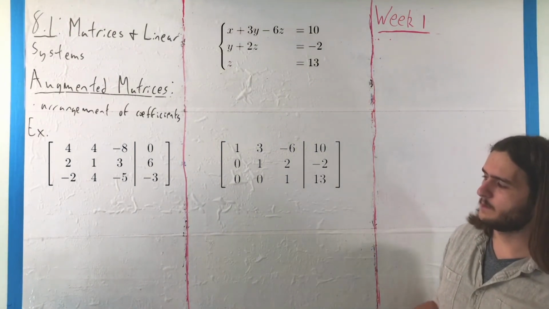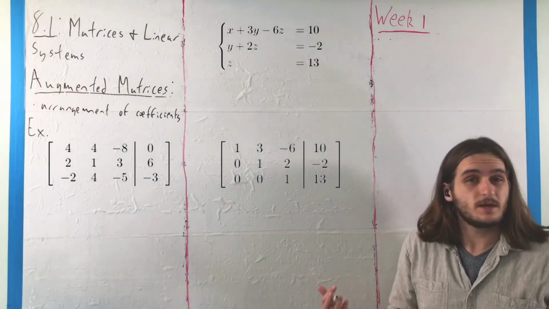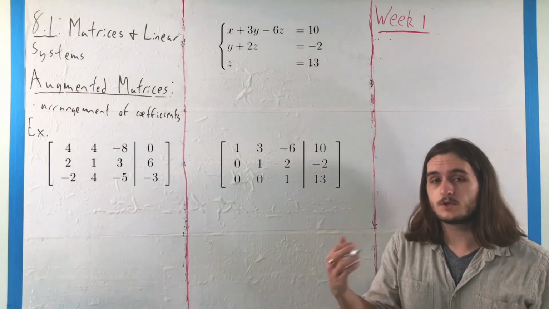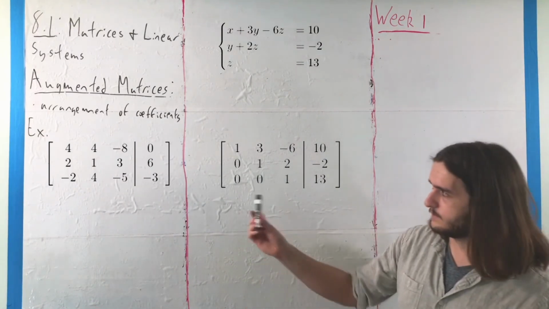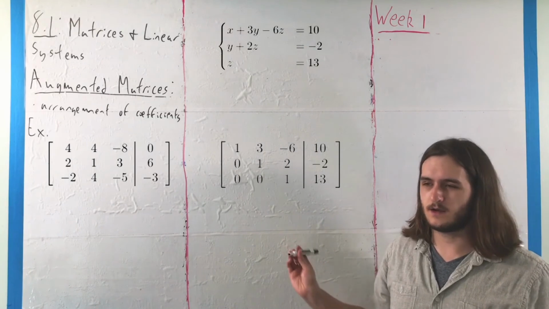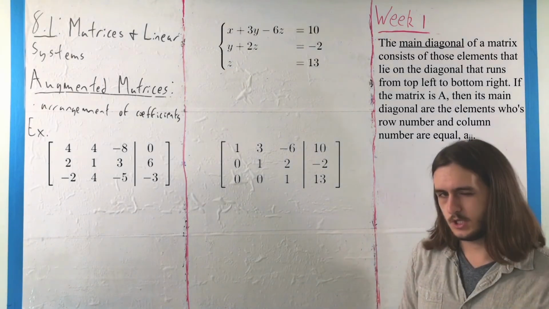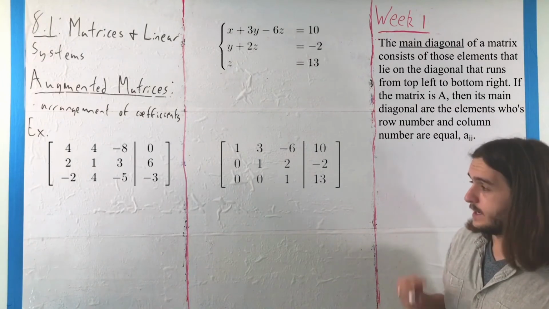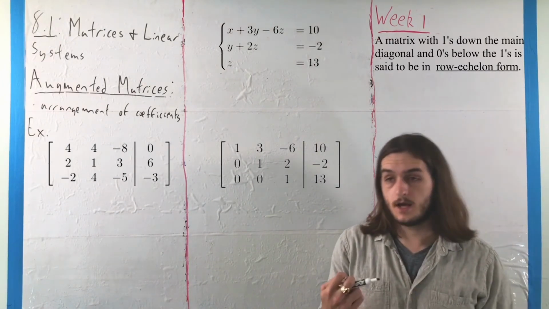And when we have a matrix in this form, that means we can have that same sort of thought. So this construction here, where we have zeros below and then along that diagonal piece, called the main diagonal, very suggestive name, we have ones, that's what's called row echelon form.